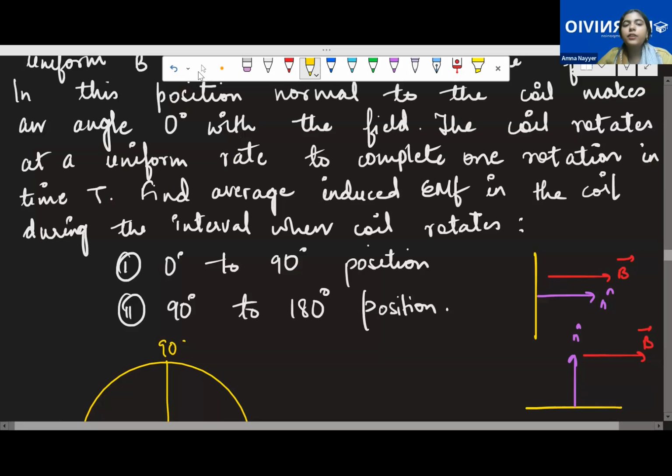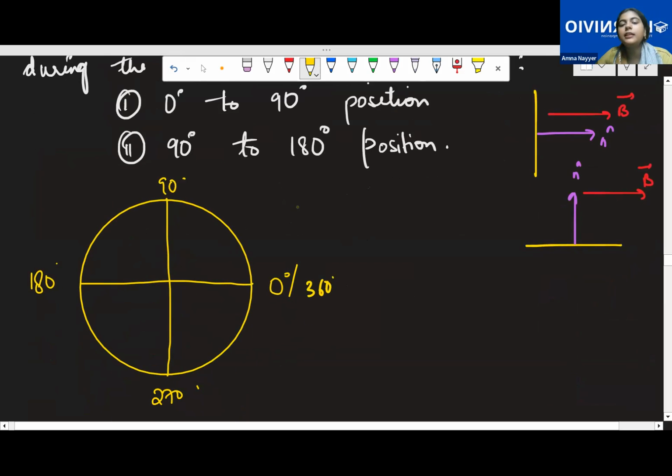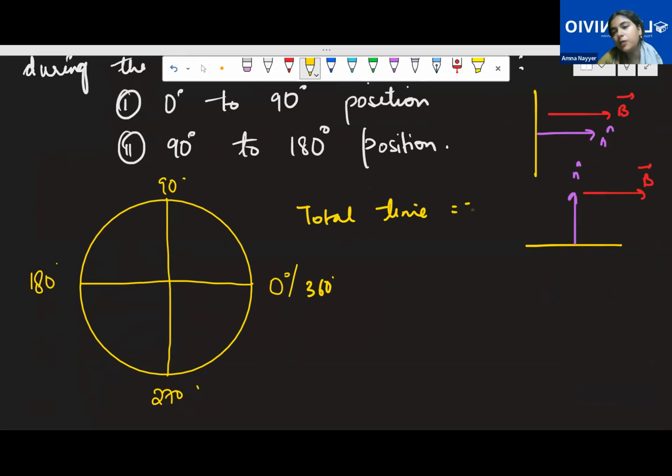So when we say one rotation is time t, it means for the entire 0 degree to back to 360 degrees, the time is t. We can say total time is equal to t. Now tell me, from 0 to 90 degree, what do you think will be the time taken? If total time is t, what should we write?